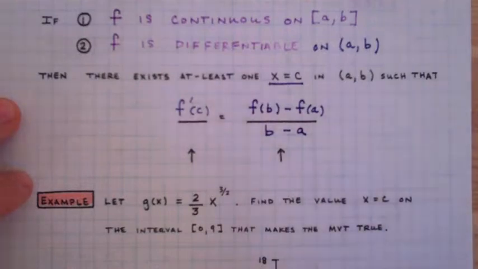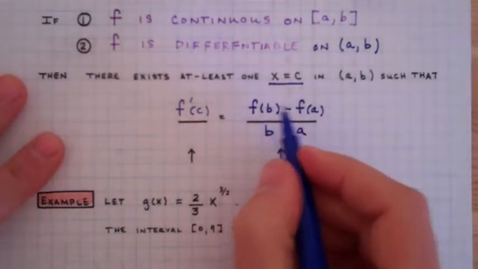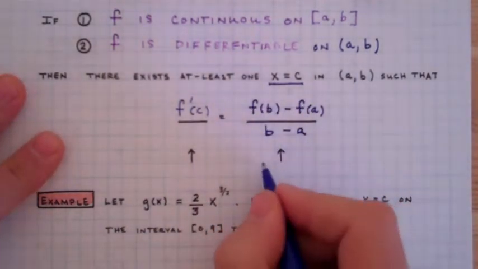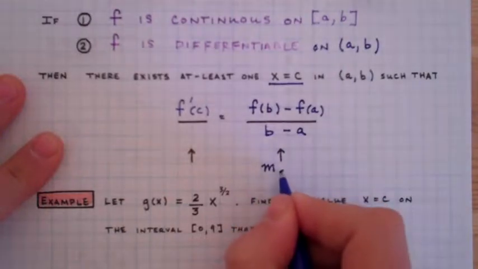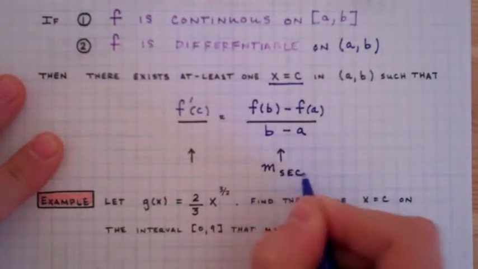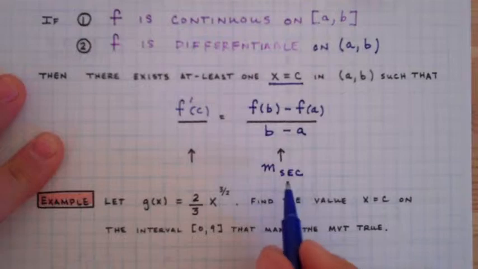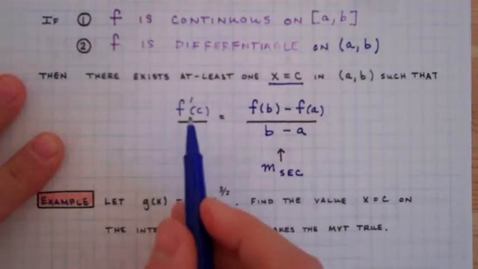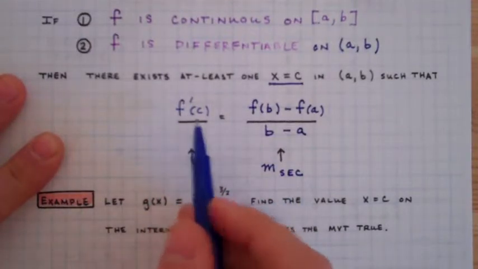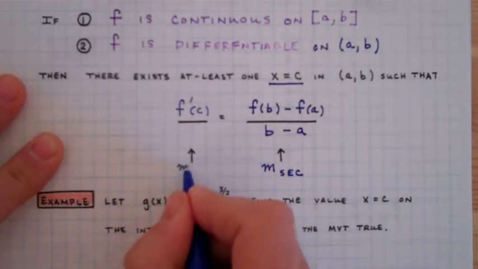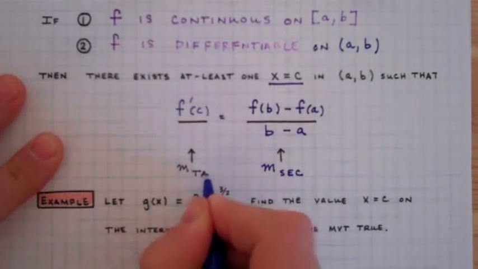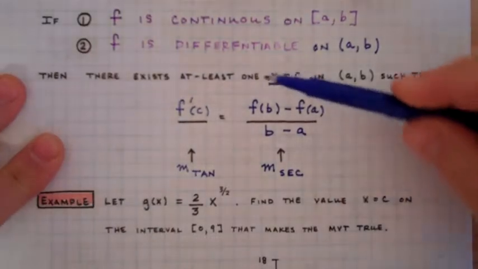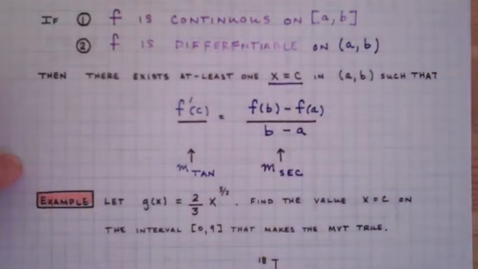We should note that in this case, the slope of the line connecting the two endpoints is what we call the slope of the secant, and the derivative at that point we'll call the slope of a tangent. So there's the mean value theorem.